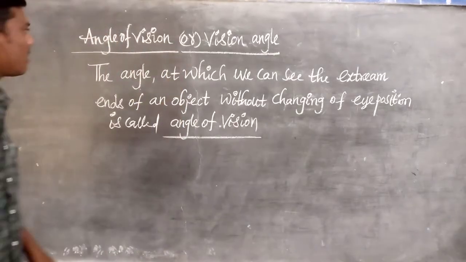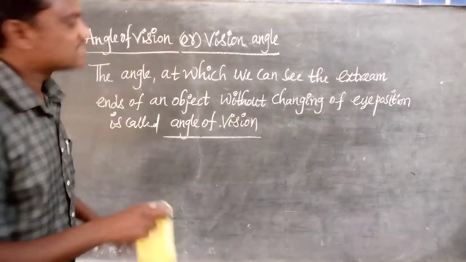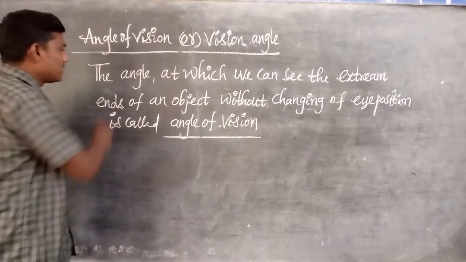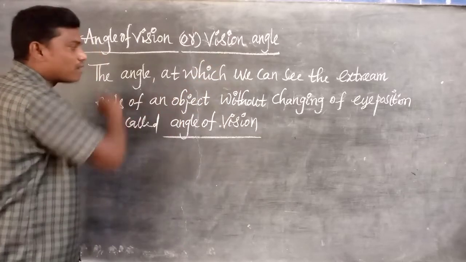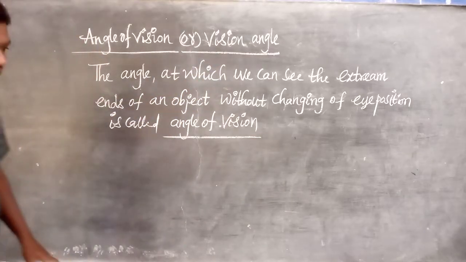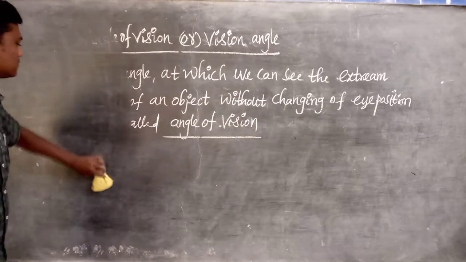That angle is called angle of vision. That value is 60 degrees. So once again, listen: the angle at which we can see the extreme ends of an object without changing our eye position is called angle of vision.